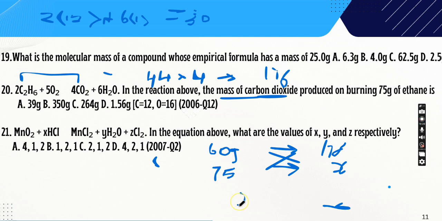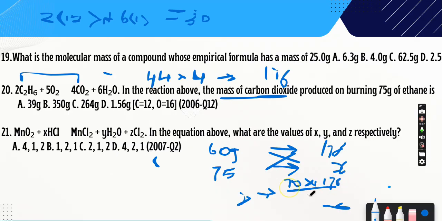So X will be equal to 75 multiplied by 176, everything divided by 60. And that will give us what?